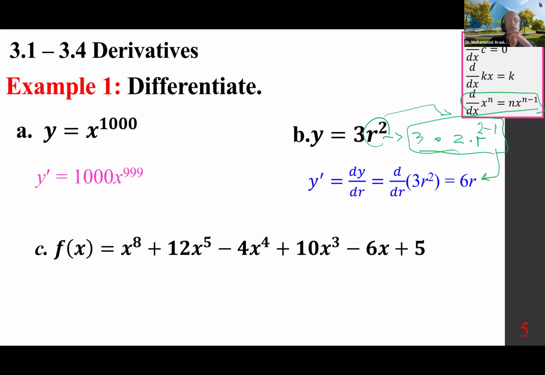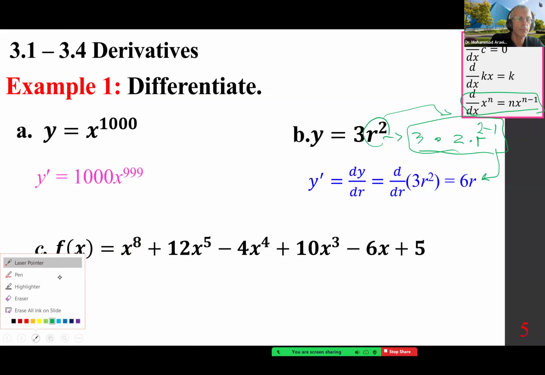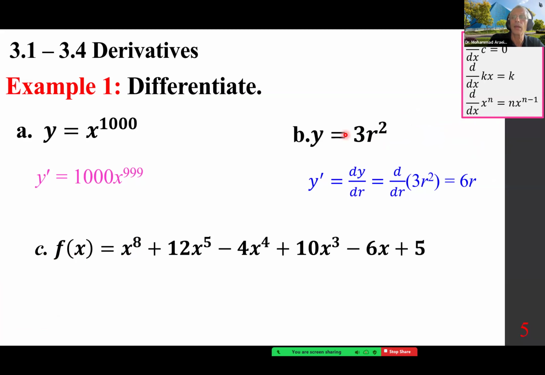All right, let's differentiate this expression, f of x equals x to the power of 8 plus 12x to the power of 5 minus 4x to the power of 4 plus 10x cubed minus 6x plus 5. And we are going to do it one by one. x to the power of 8 uses the power rule. So 8 becomes the coefficient, and the exponent goes down by 1.